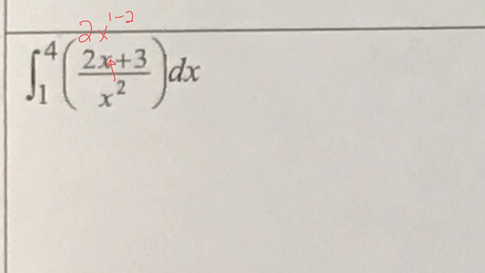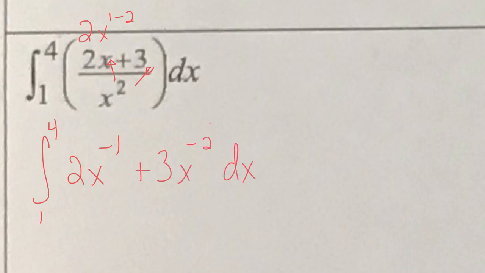When you divide like bases, you subtract the exponents, and of course it's going to become negative there. So I'm actually going to integrate the polynomial 2x to the -1 plus 3x to the -2 dx. That is what our rational simplifies to as a polynomial.